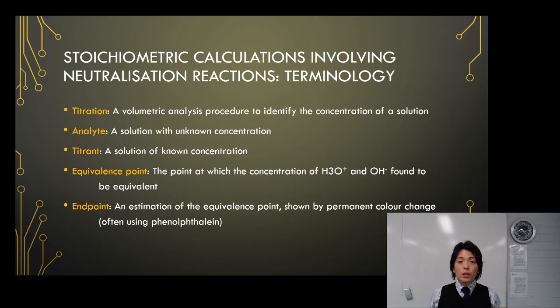So you need to rely on an indicator. Now the indicator tells you about the place where the equivalence point occurs, and the point that you can observe is called the end point. If you're using phenolphthalein, you will see a very pale pink color. That's where acids and bases are almost matching in terms of number.